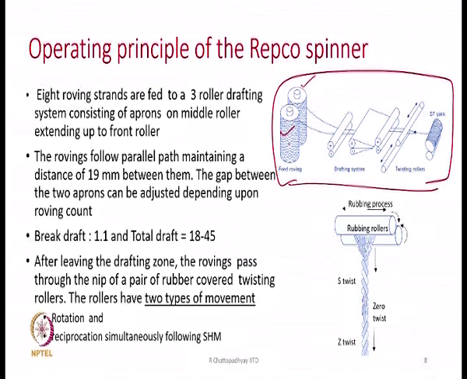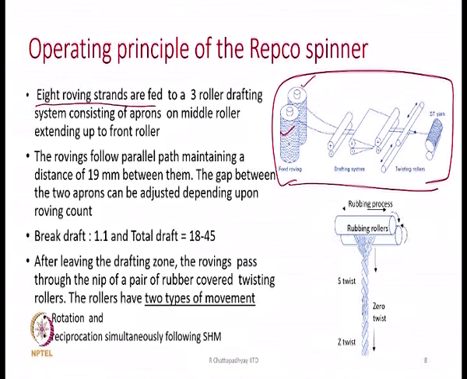In the machine generally 8 rovings are fed, and there are 4 production positions, it is a small machine. So, let us discuss only 2 rovings to start with.